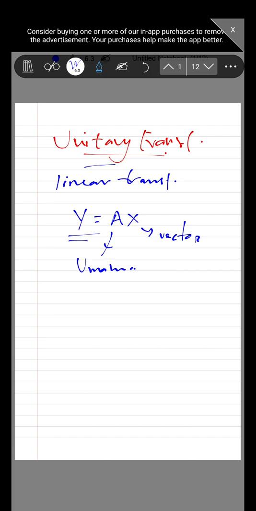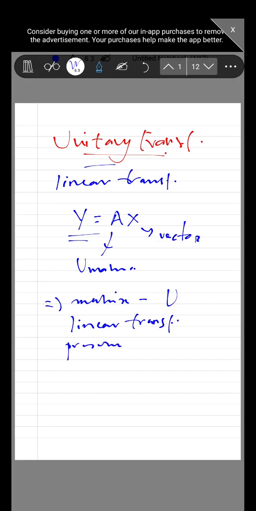So we can also put it this way: if the matrix is unitary, then the linear transformation preserves length.